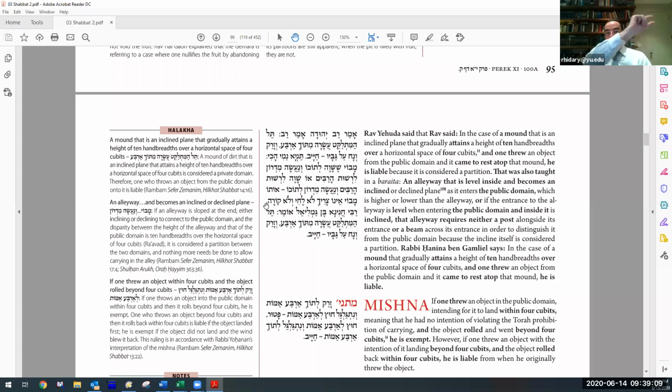So you have to put a beam, that's the origin of an eruv, or a pillar or something. So he says, if they both are straight, but they're not at the same level, and you have to go down or up between the two, then that slope by itself is considered like a beam that would be enough of a reminder. So you see that 2 levels make it 2 reshuyot.